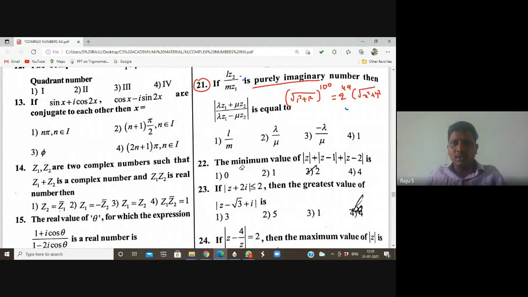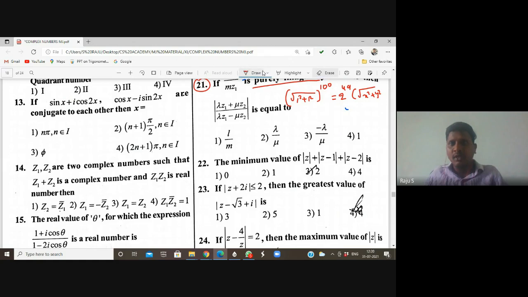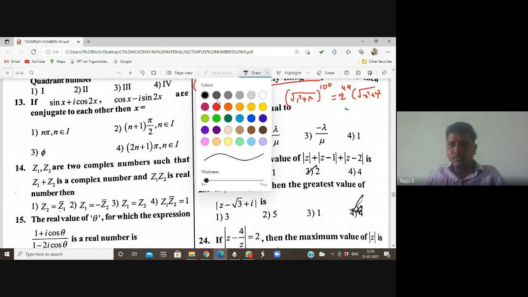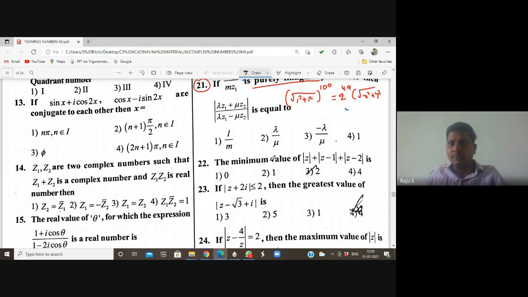So coming to the minimum value of modulus z plus modulus z minus 1 plus modulus z minus 2. Okay, students. Here we have a procedure for this kind of question, minimum values or maximum values. This is a very easy concept. Actually the answer is z equal to 2.